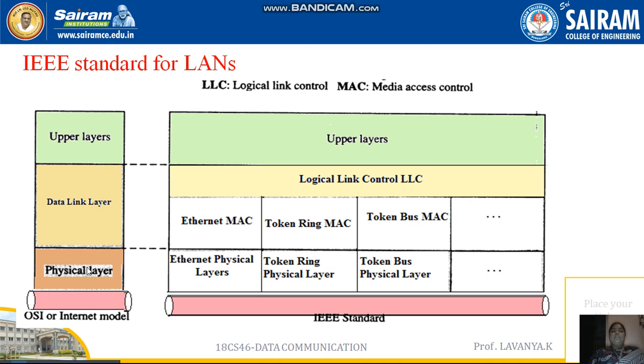The physical layer is going to convert the data into signals. The signal is in the form of zeros and ones, that is nothing but our binary values. Through that only it is going to transmit the data with the help of the transmission media.